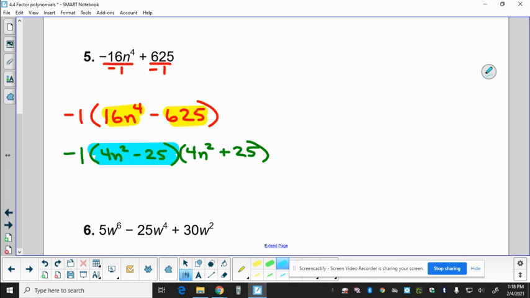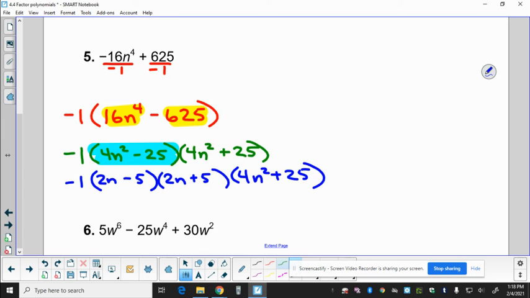Let's go one more step. Greatest common factor. This will break into square roots 2n and 2n, minus 5 and plus 5. And then the other expression, 4n squared plus 25. That's the final answer. A little bit more complicated than we're used to, right? But we can do it.